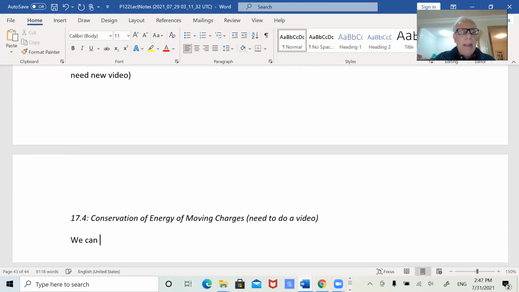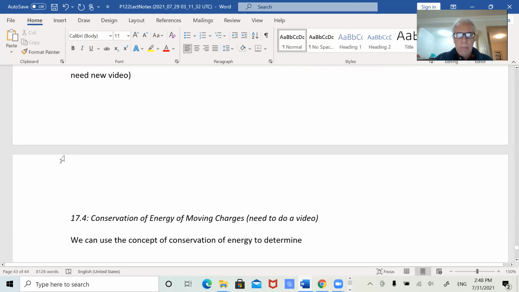We can use the concept of conservation of energy to determine motion or position of electric charges.